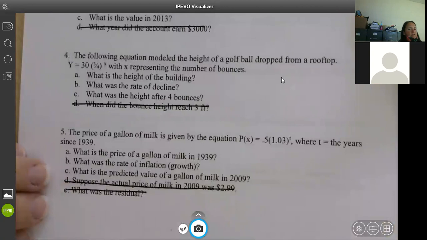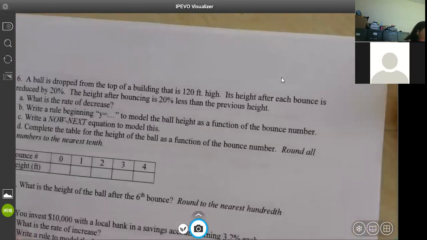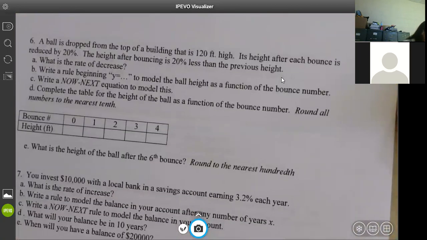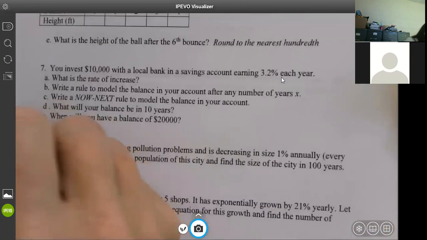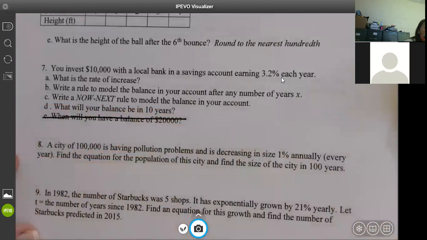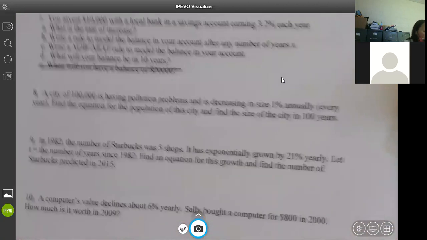On number 5, no D or E. You go to the next one. That one's good. Don't do part E on number 7. And then everything else should be okay.